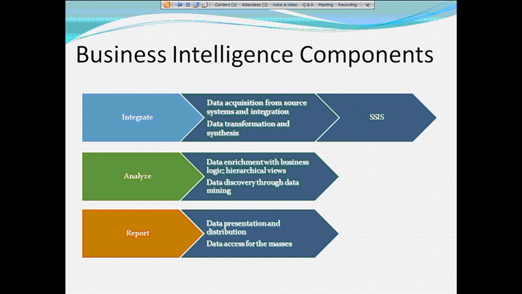Now, how does Microsoft Business Intelligence help in implementing a complete BI solution? As I told you earlier, there are different vendor products for each of these components. They may or may not get along well with each other. They can be integrated very well, but we are also looking for a cost-effective product.